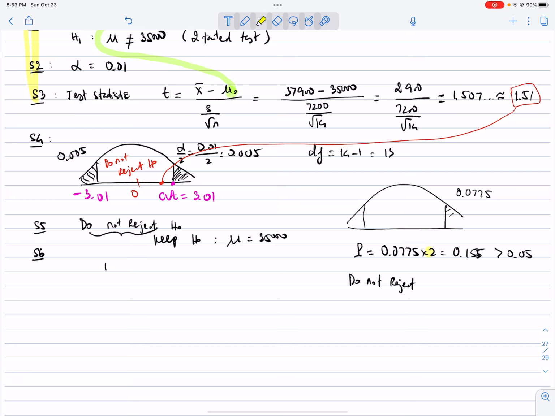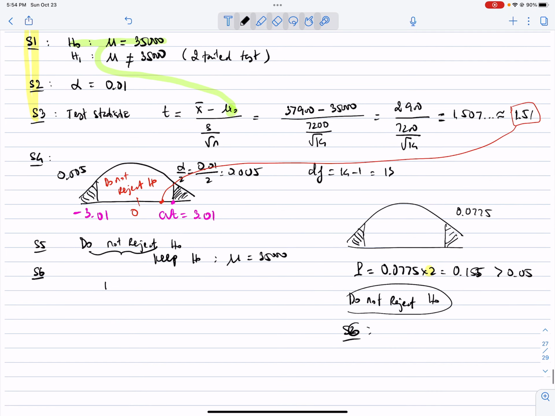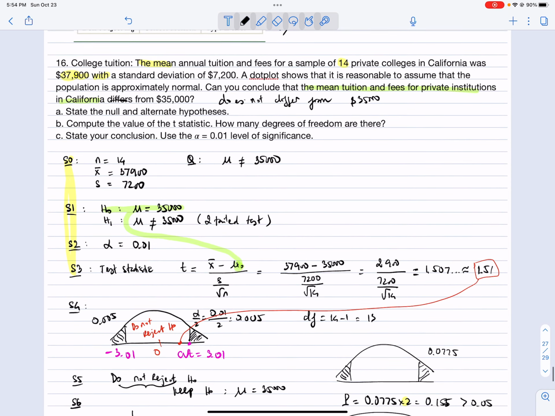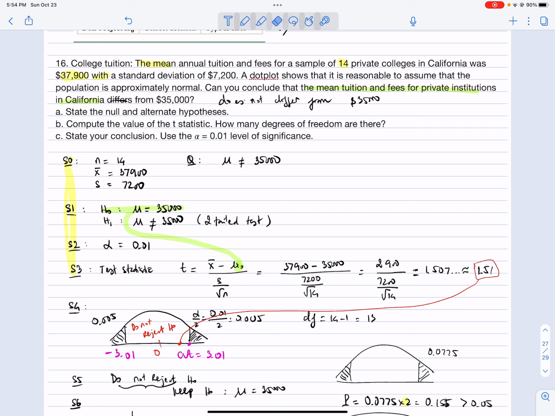And again, we multiply by 2 because we are using two tails. When you are doing one tail, we don't multiply by 2, okay? So we do not reject the null because the p-value is greater than alpha 0.05. And the decision is we do not reject the null. The conclusion, step number 6, will be the same as in the critical value method. So we finished the problem, and I also answered A, B, and C.